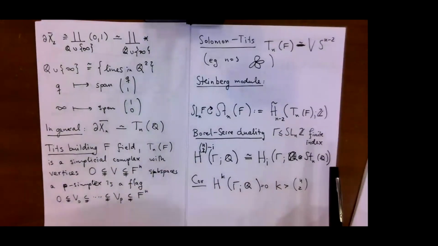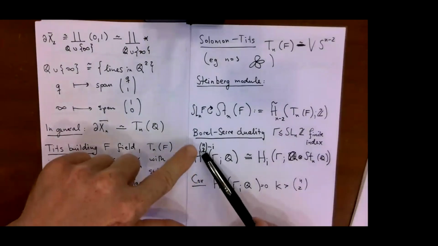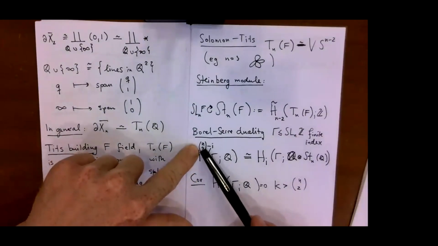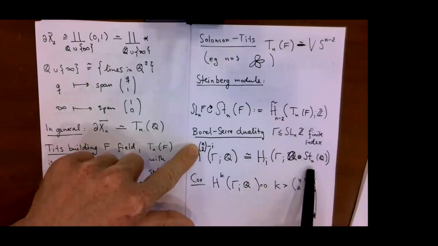Even more so, you can take any reductive, let's stick to semi-simple, algebraic group. I think it's true even for reductive. You have to watch out for the dimension, and you have to have a different so-called dualizing module here, but it's also going to be something related to Steinberg.